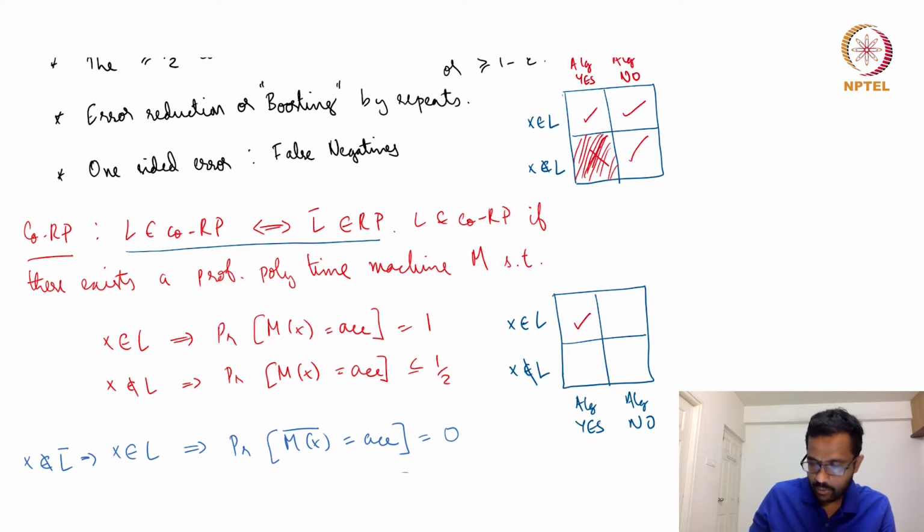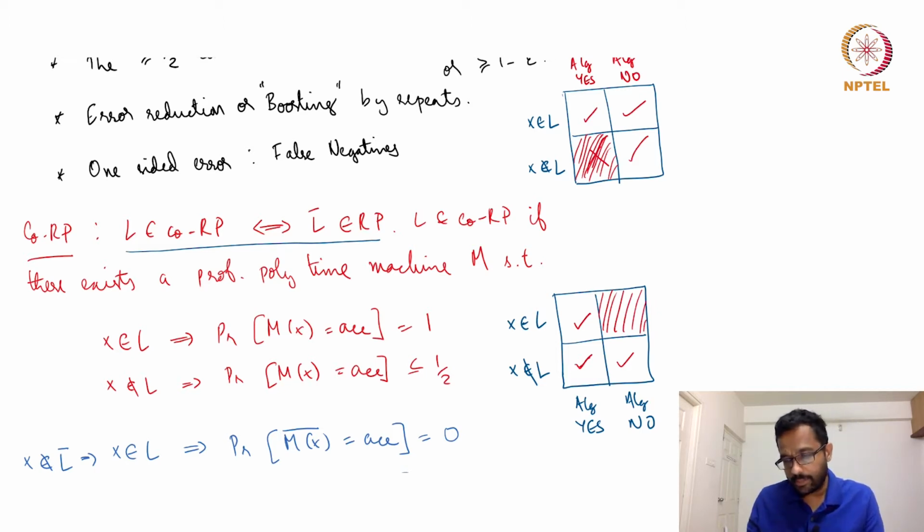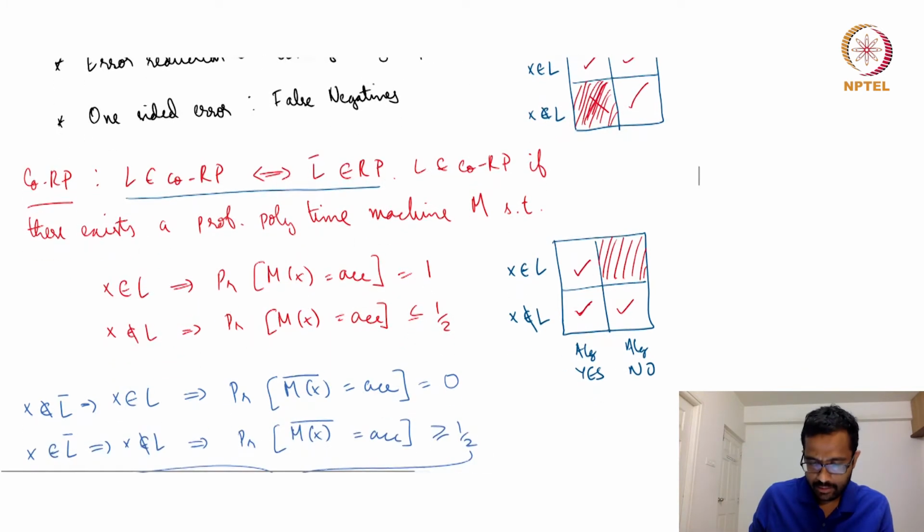Whenever X is not in the language, it may accept, but of course it can also reject. However, we never get into this zone, so there is only false positive. An X that is not in the language may be incorrectly reported as being in the language, but not the other way around. In the case of RP, we had only false negatives, but in the case of co-RP, we have false positives. So this is the description of co-RP.